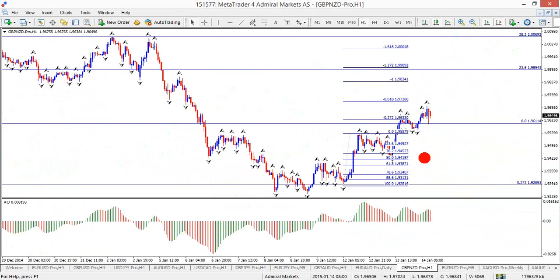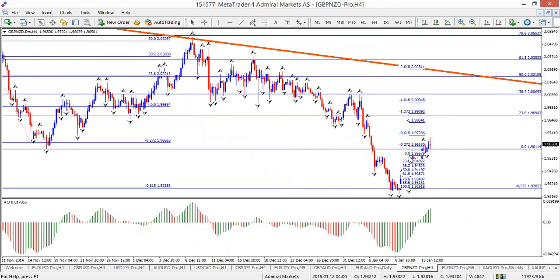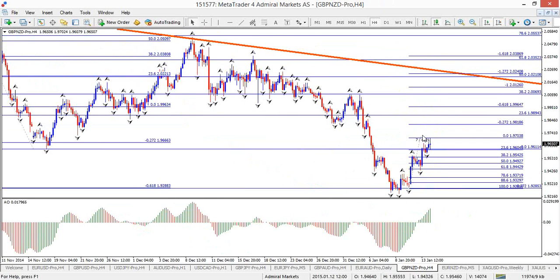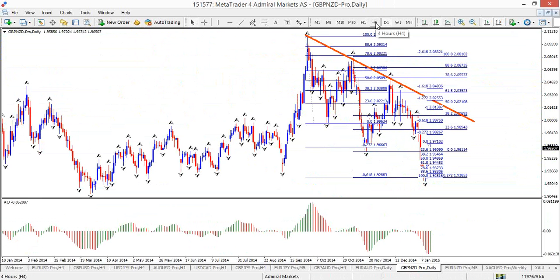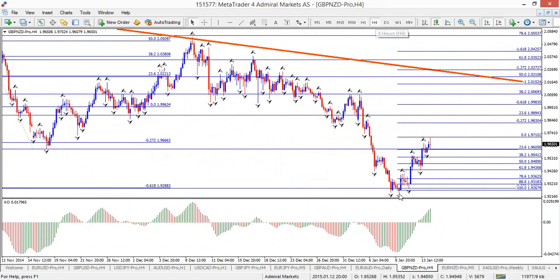Pound New Zealand, I had the same idea for the Pound New Zealand. Remember, I said looking for the hook back here and upside. So now on the 4-hour chart, could we do the same? Let's see. Probably yes. Probably will be the same story.